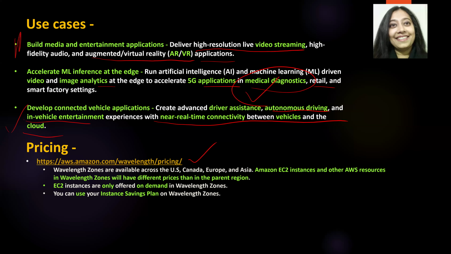So you can request a pricing quote, but a couple of things to keep in mind, right? Wavelength zones are available all across US, Canada, Europe, and Asia. If you remember earlier, we said that you can use your EC2 instances and other AWS resources in your wavelength zone as part of your wavelength infrastructure. But the prices of using those resources in a wavelength zone will be very different compared to their prices in their parent region.